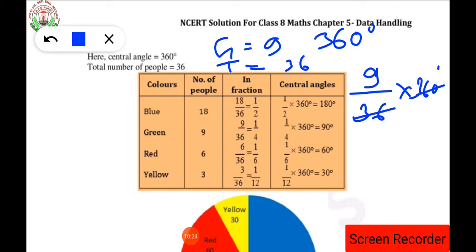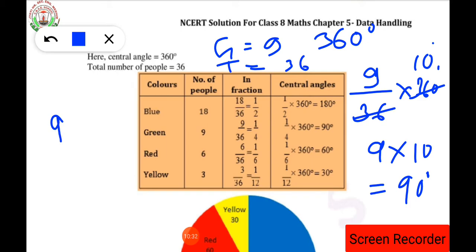Again it will get cancelled by the table of 36. So 9 into 10 is equal to 90 degrees. Have you understood? Or you can calculate like this: the number of people who like green is 9 upon the total number of people 36, which can be cancelled by the table of 3.